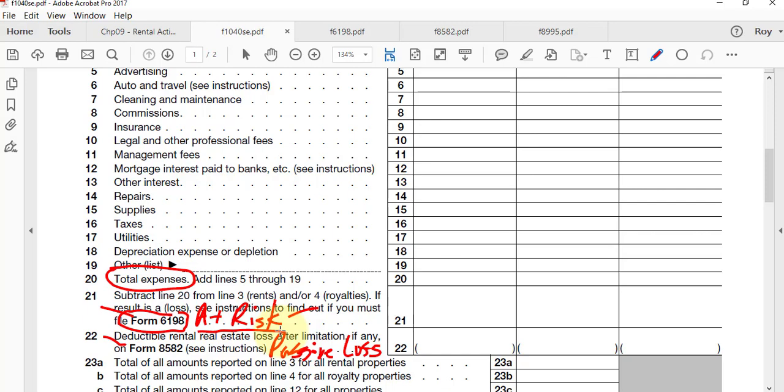Typically, a paper loss can happen if you have a non-cash expense like depreciation. So for most people, they would borrow the money to buy the property, and whatever cost went into the property, they get to deduct a depreciation expense, a paper deduction.